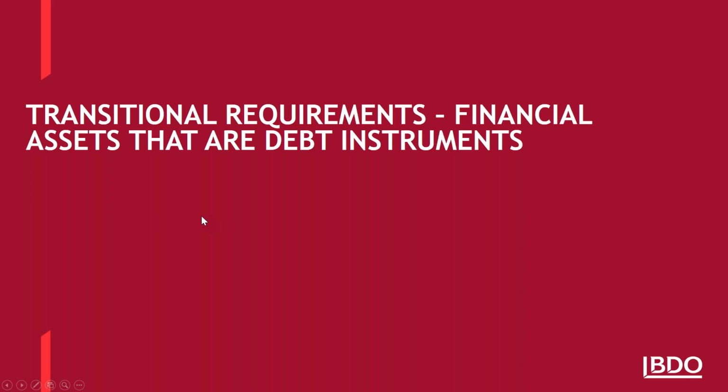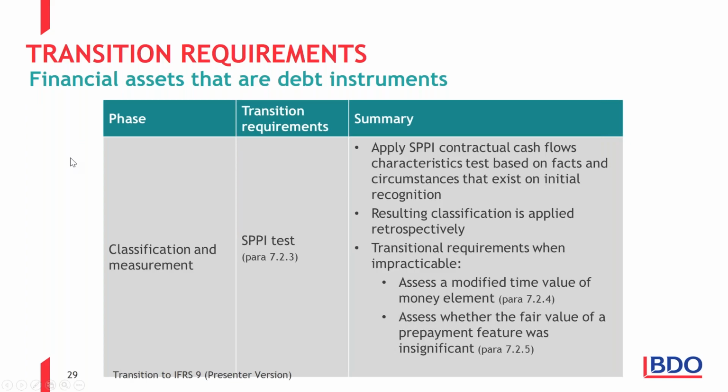If we move on, we look at transitional requirements where your financial assets are debt instruments. So in our previous example, our financial assets were equity instruments. Now we're looking at debt instruments. Remember, for debt instruments, you have two hurdles to jump in order to get to amortized cost. The first hurdle was the SPPI test, and the second hurdle is your business model test, and we've put it in that decision tree.